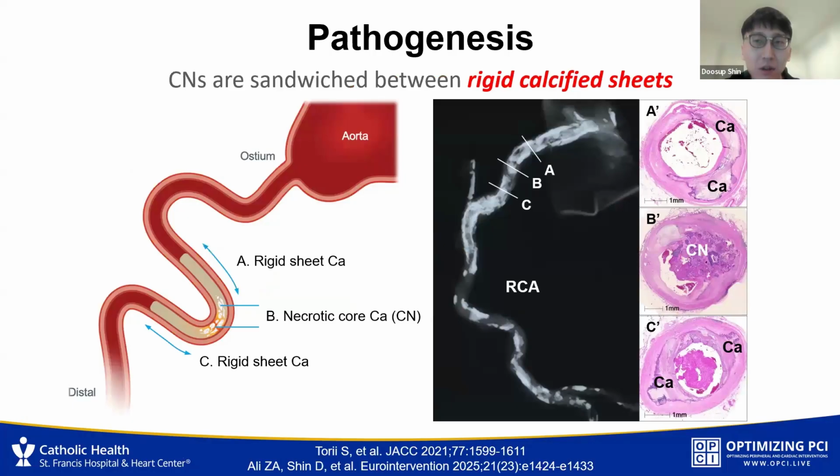Histologic studies have also shown that this collagen-deficient necrotic core calcification, shown in B in this histologic segment, is often sandwiched with rigid collagen-rich calcified sheets with a greater tensile strength.